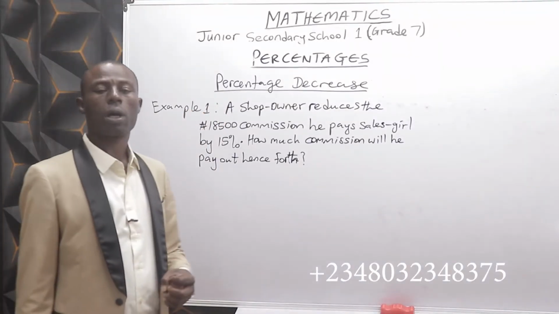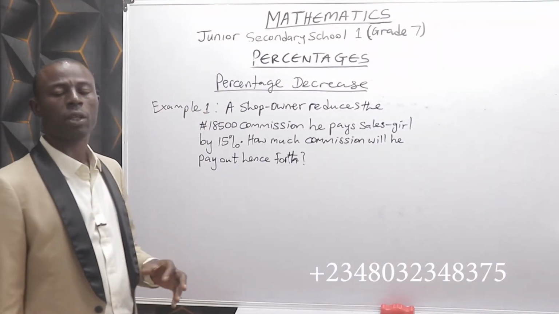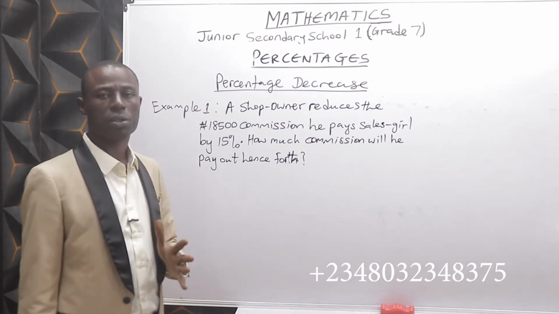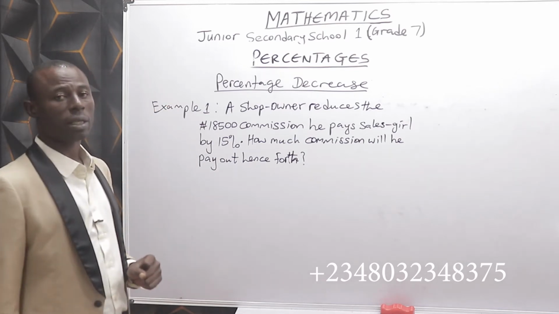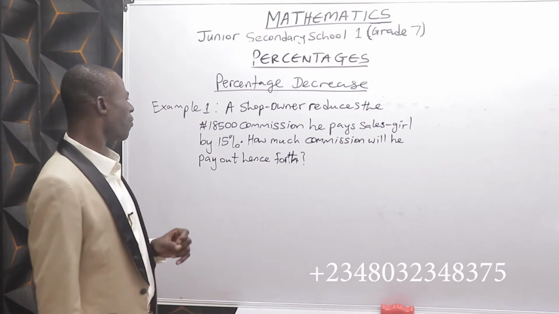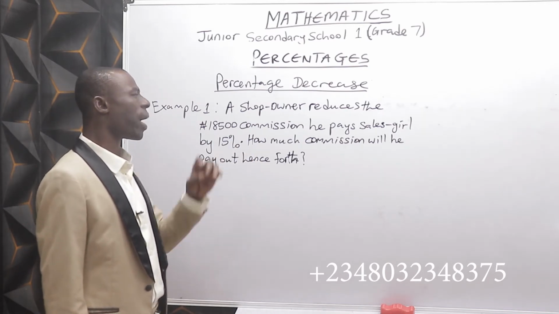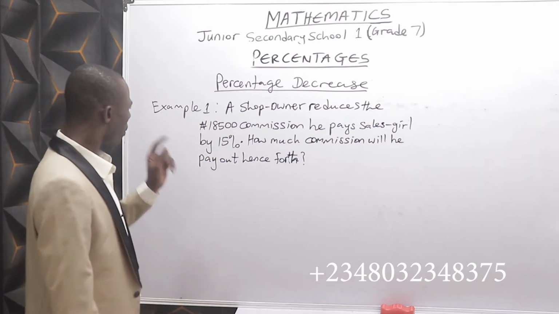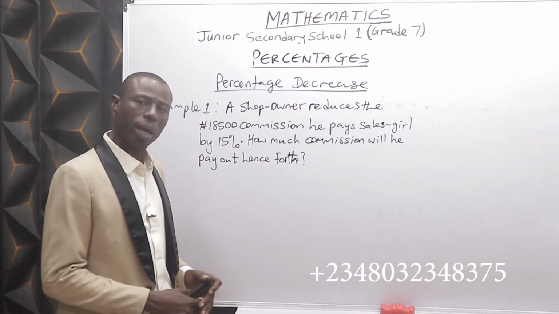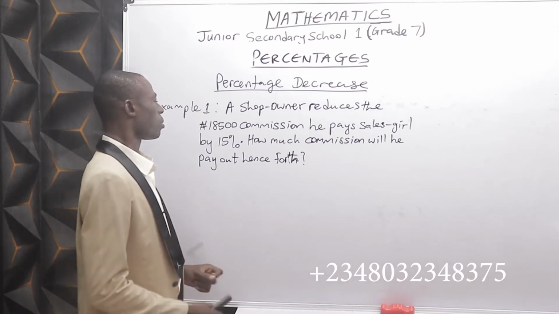We come to the last subheading under percentage, which I call percentage decrease. Example 1 under it. A shop owner reduces the 18,500 naira commission he pays a sales girl by 15%. How much commission will he pay out henceforth?